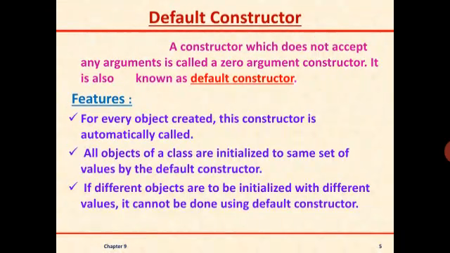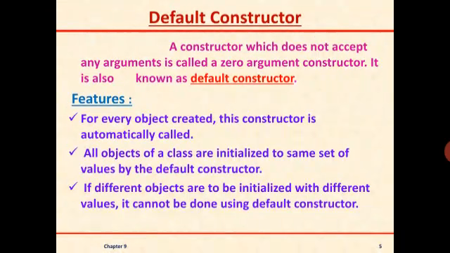It has a few characteristics, students, which we call features. The features of default constructors are: first feature is for every object created, the default constructor is automatically called. It means you need not call it explicitly. Automatically the constructor will be called.